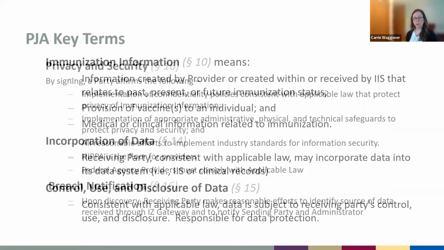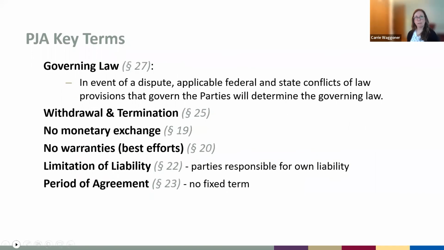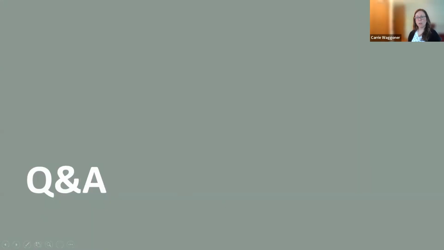So regarding the provider jurisdiction agreement, it supports two types of data exchange that Chris talked about, the immunization reporting, or that VXU messaging, and the immunization query, or the QBP, between the provider organizations and the IIS.